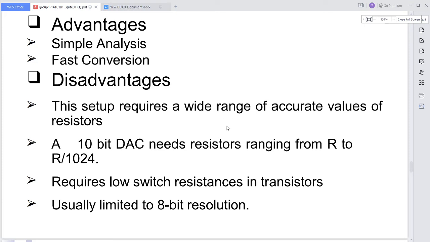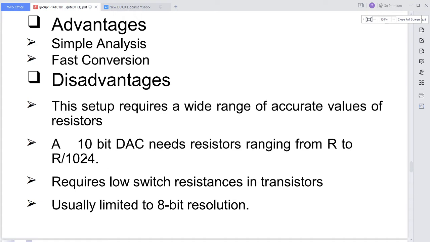If it is 4-bit data, then we have to go with the resistor values R, 2R, 4R and 8R. That means as the number of bits increases, we require a wide range of resistances.